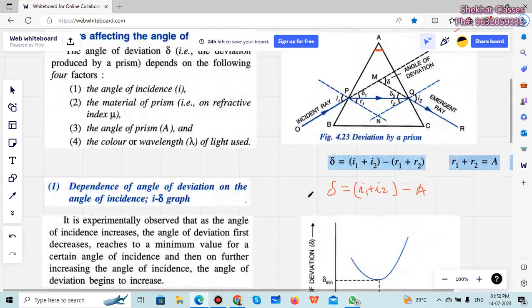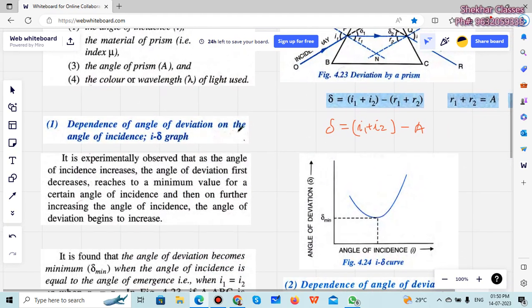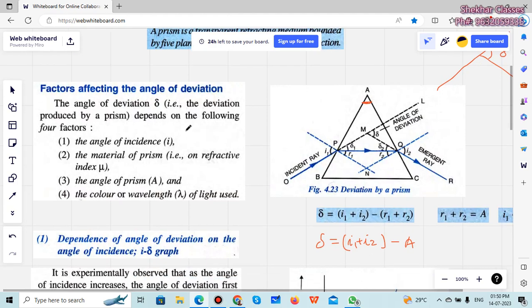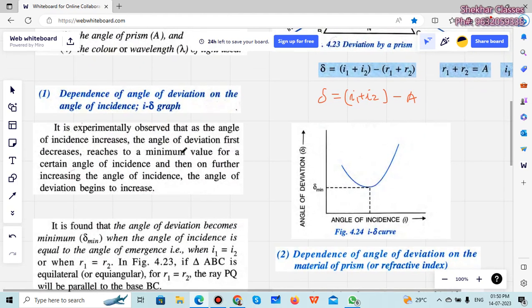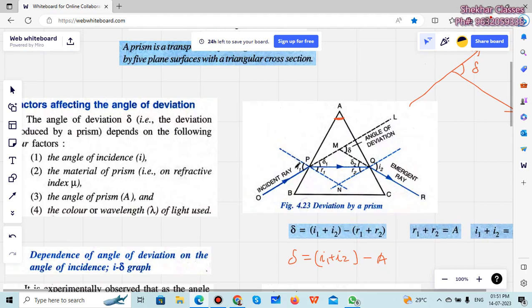Okay, now coming to this, we will talk about the dependence of angle of deviation on the angle of incidence. I talked about it earlier. Now how does it depend? It is experimentally observed that as the angle of incidence increases, the angle of deviation first decreases. You increase the angle of incidence this way, and the angle of deviation will decrease.